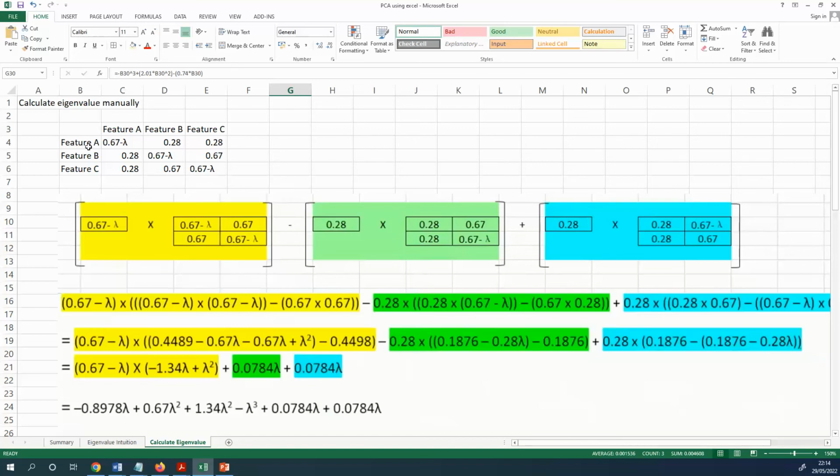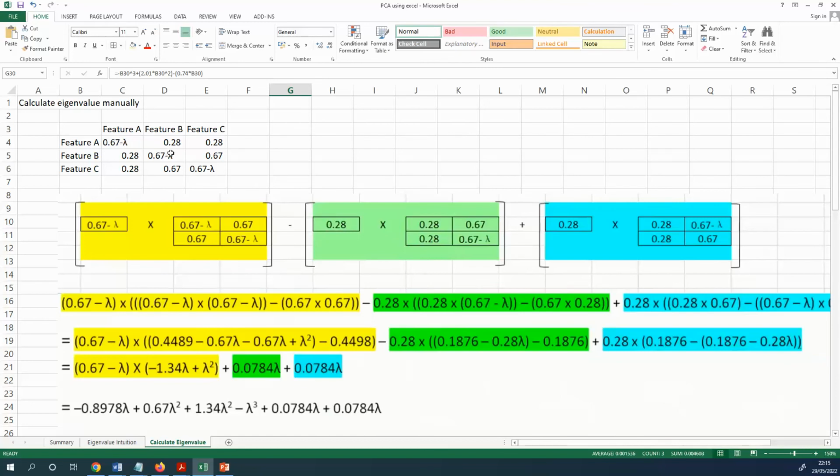For the variance, we put another matrix where the covariance is minus lambda, the eigenvalue.